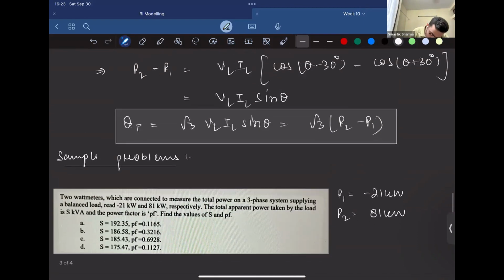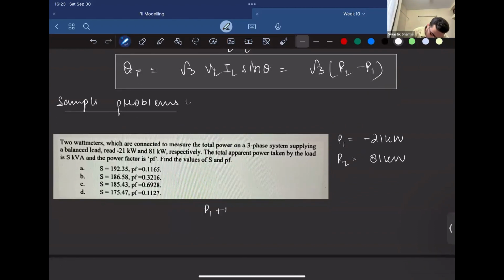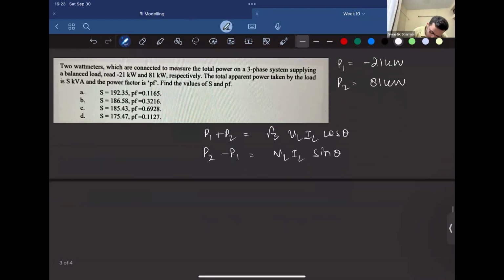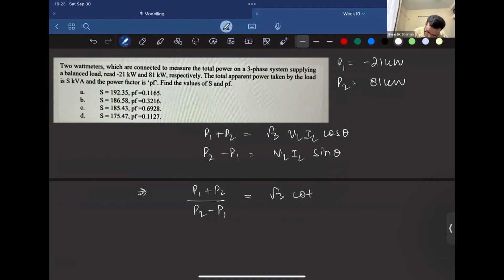Okay, so as I told, P1 plus P2 is root 3 times VL IL cos theta, and P2 minus P1 is VL IL sin theta. So if you divide both, what will you get? You get (P1 plus P2) over (P2 minus P1) equals root 3 times cot theta, right?